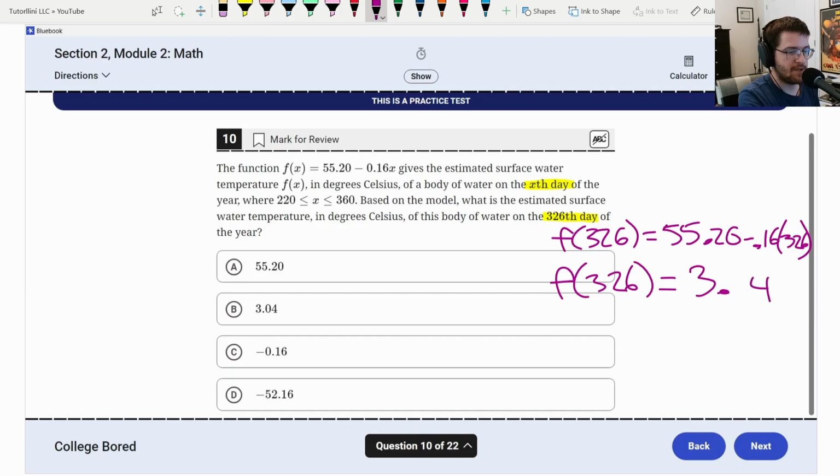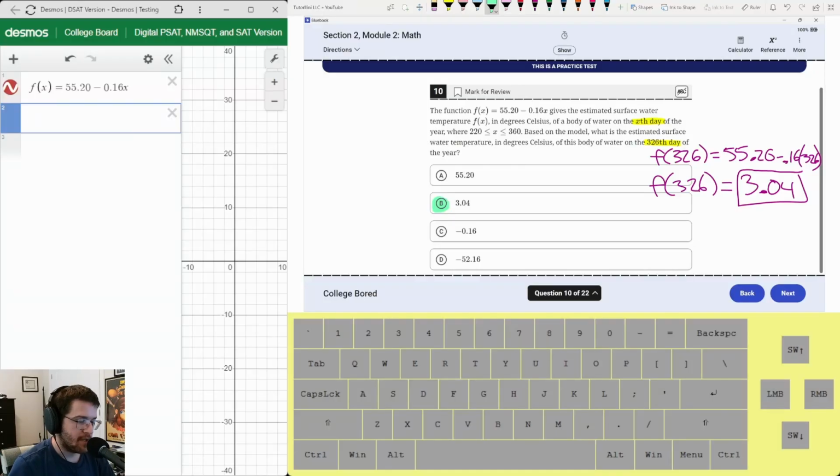So that tells us the estimated surface water temperature, which gives us answer choice B. We can also do this on Desmos. Let's go do that. Okay, so I just typed in the function, and now I'm going to type in F of 326, and I also get 3.04.